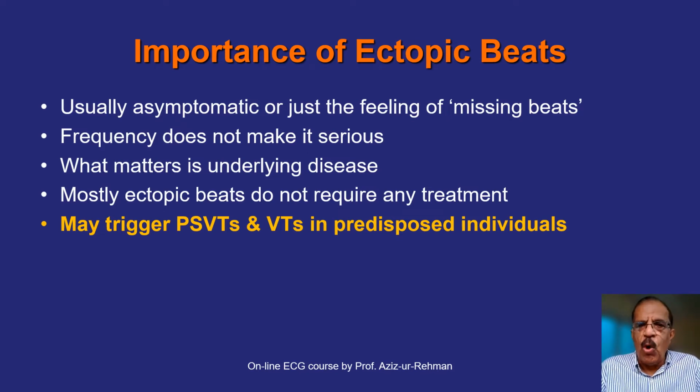QT is prolonged, and that provides a more vulnerable phase where an ectopic can trigger a ventricular tachycardia if this happens in the ventricles, or paroxysmal supraventricular tachycardia if this ectopic activity is in the atria. I will briefly explain how this happens, but a more detailed discussion will be covered in the next few modules, which will be on supraventricular and ventricular tachycardias.